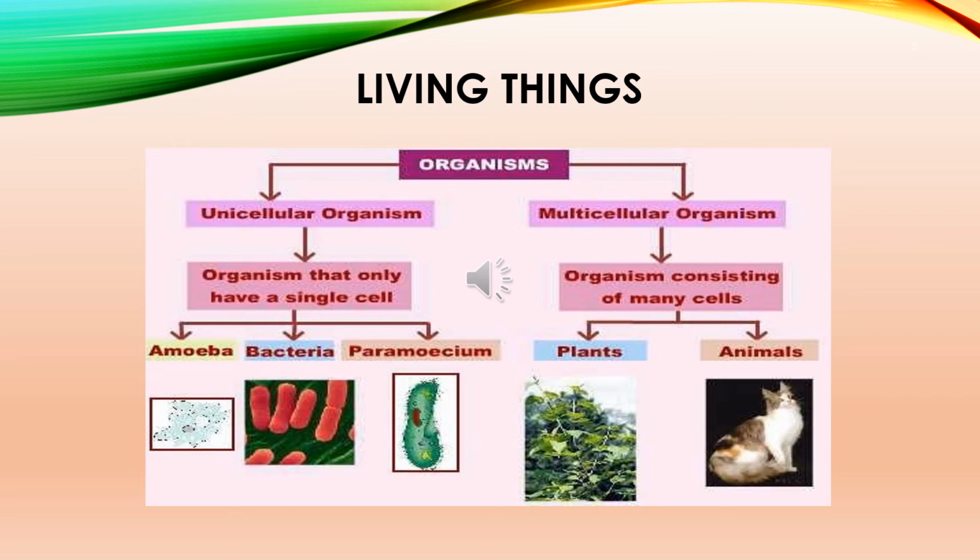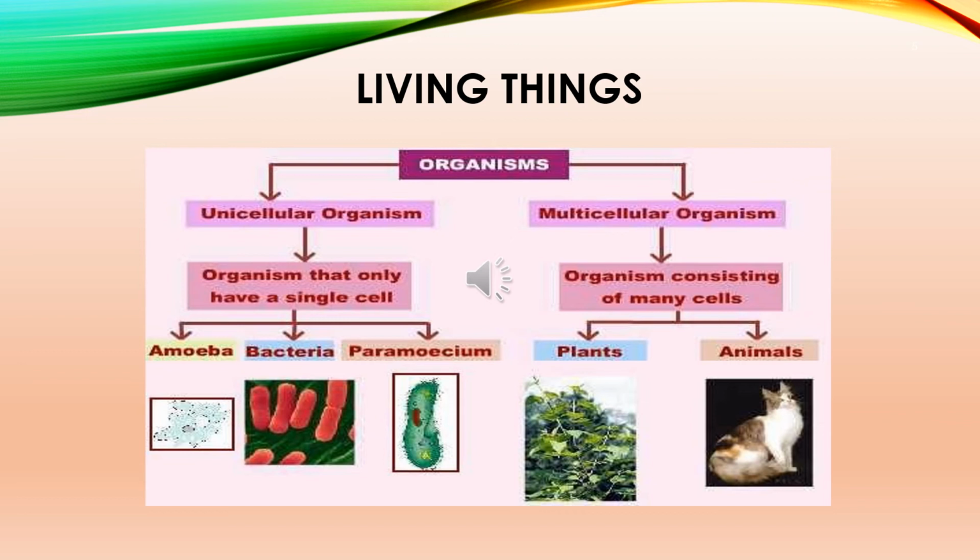Unicellular and multicellular can have similarities, but they also have differences. One of the differences is that unicellular has a short lifespan, and multicellular has a longer lifespan. That is a difference.